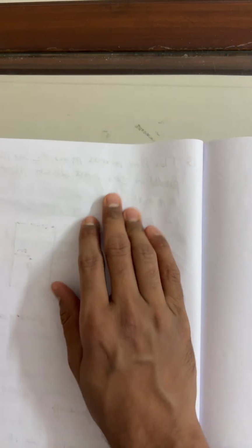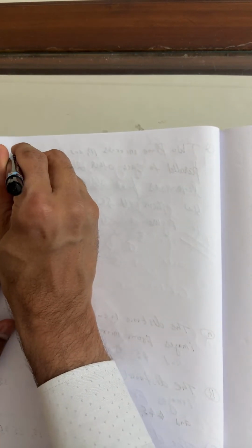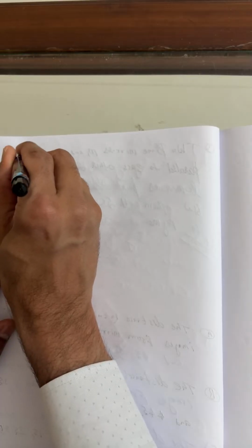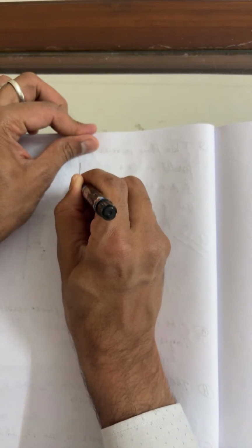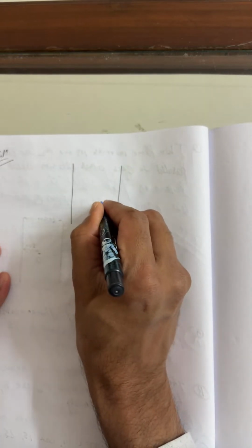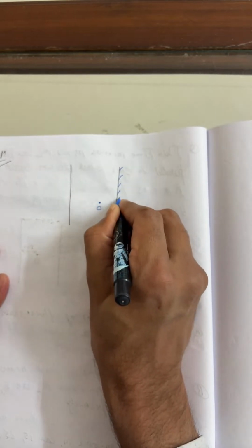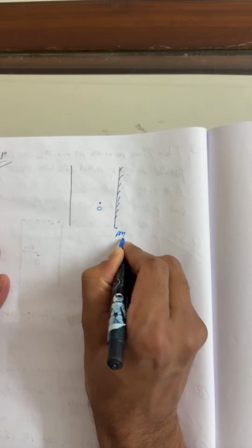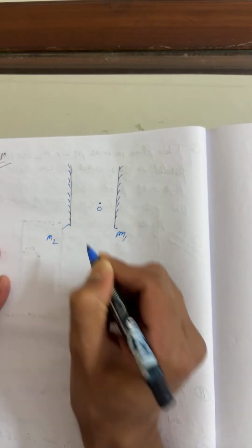Have a look here, you can see easily. Now students, I'm going to discuss this question. This is mirror M2 and this is mirror M1. So this is object O, placed with respect to M1, and this is M2.